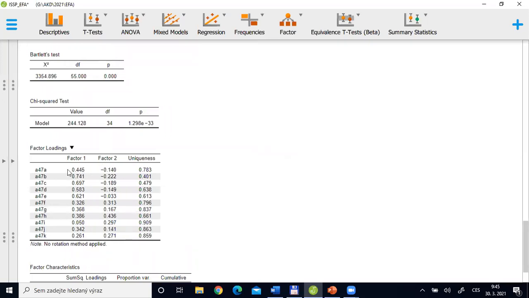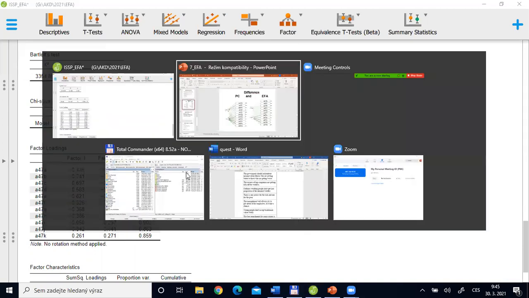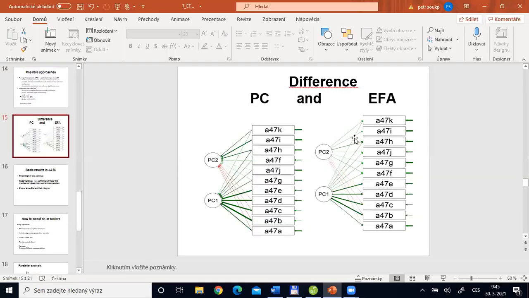So currently we have here these factor weights. Once again, these are technically correlation coefficients between factors, so columns here, and individual variables. So if I go to the picture, these are these factor weights, the measurements of strength of relationship between factor and individual observed variable.